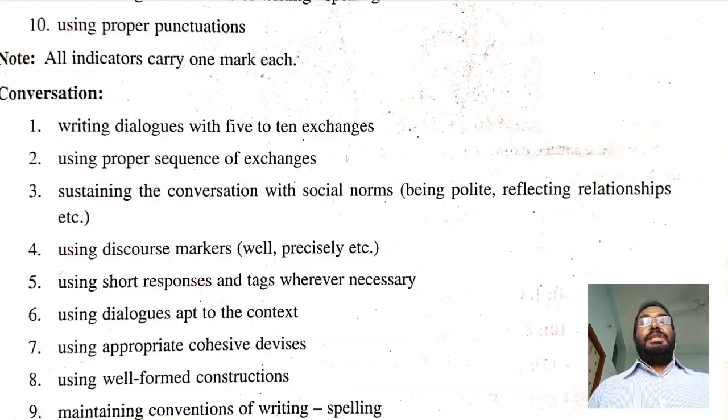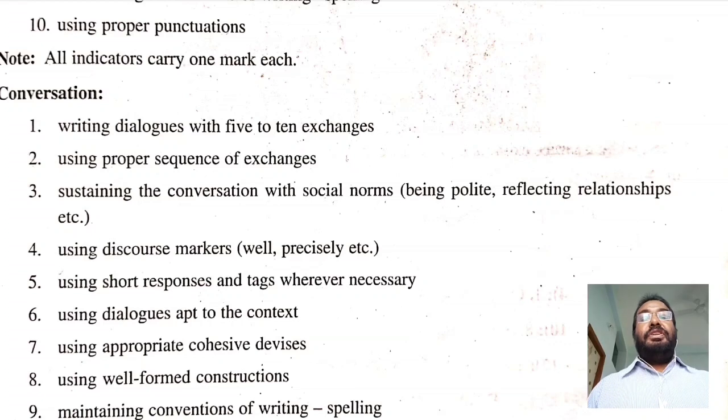Now coming to the second major discourse in paper 1, that is conversation. Comparatively, everyone feels that it's very easy, but actually it is not that easy. When you are writing, you have to be very careful. First of all, there should be dialogues.